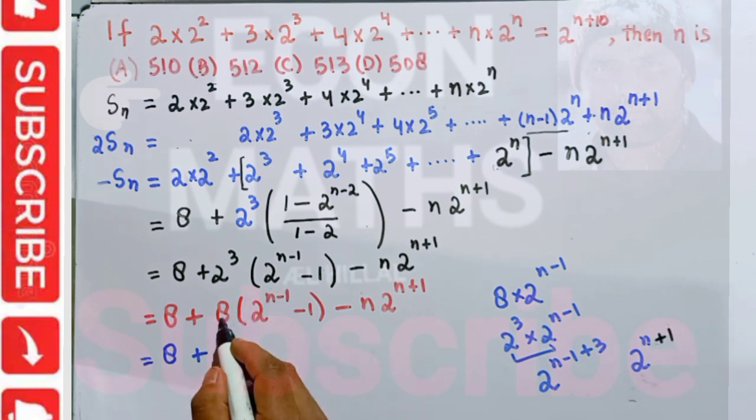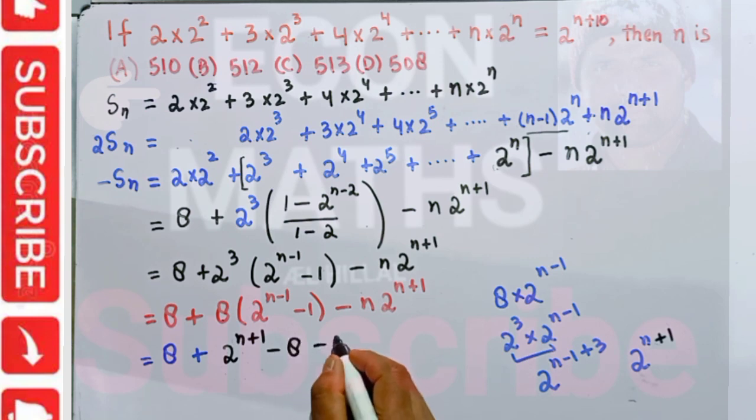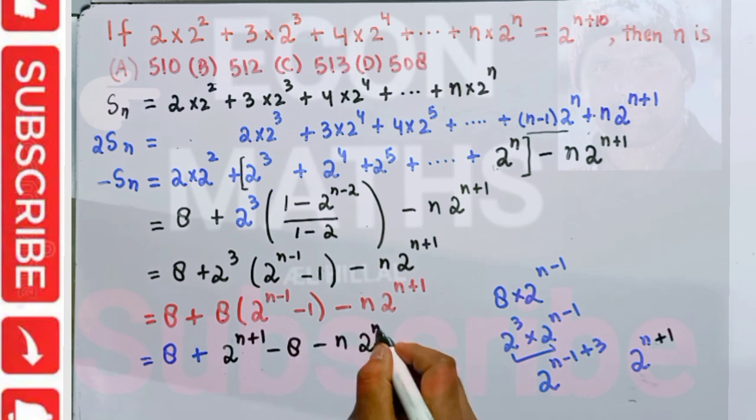So this gives us 8 into this, it becomes 2 raised power n plus 1. So 8 into minus 1 is minus 8, minus n 2 raised power n plus 1. So this 8 and 8 get cancelled.